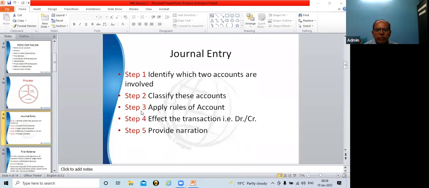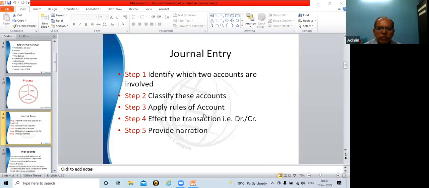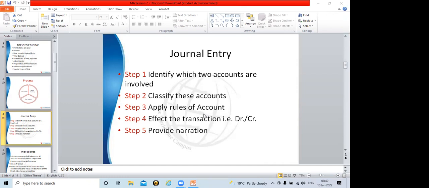Now, step number 3, apply rules of account. In case of real account, can you speak out what is the rule for real account? Debit what comes in and credit what goes out. Here, it is coming to our business.